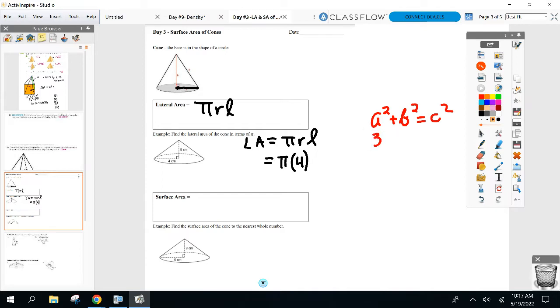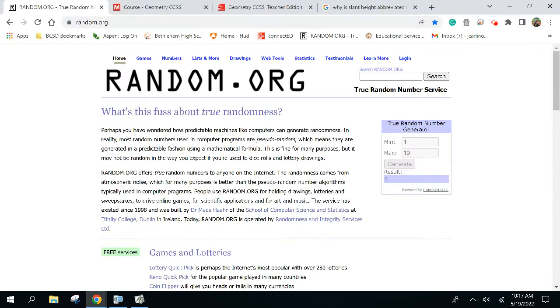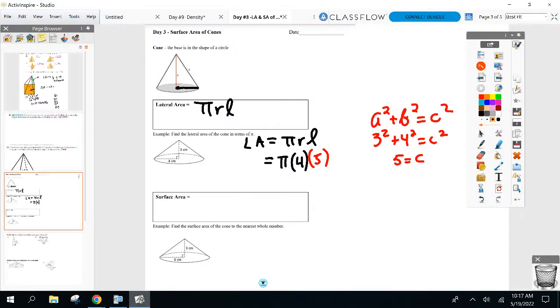So we're going to roll with 3 squared plus 4 squared equals c squared. And what are we finding out? 5 for the slant height. It says in terms of pi, so how will my answer be written? 20 pi. Yep.